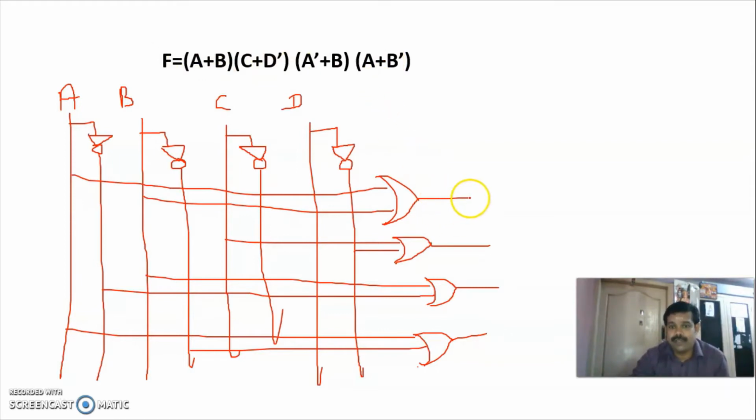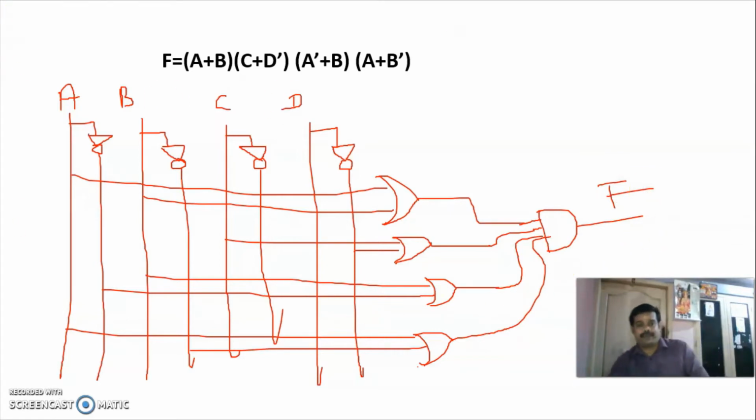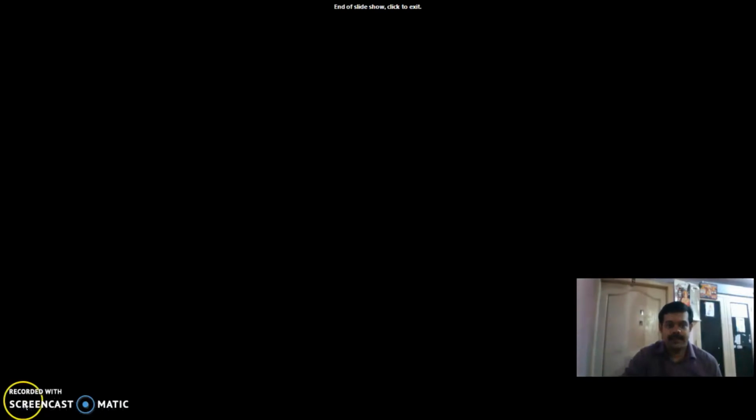So you have to give these outputs to an AND gate. So you're getting F. Okay. So this is the implementation.